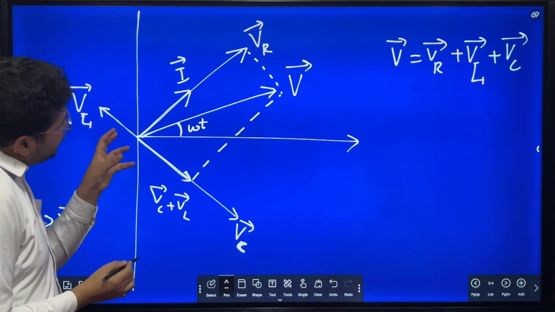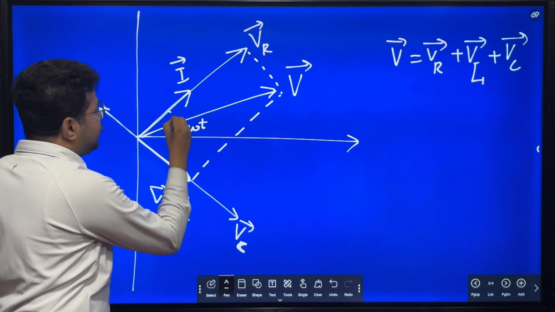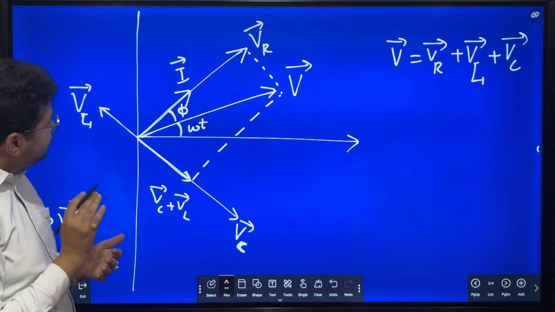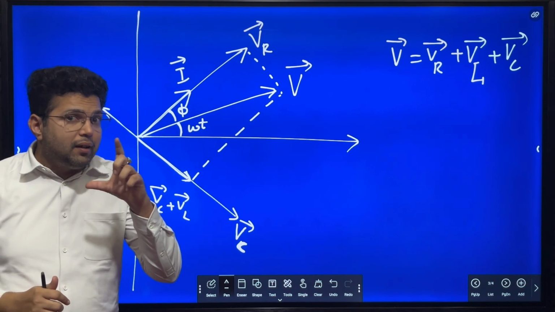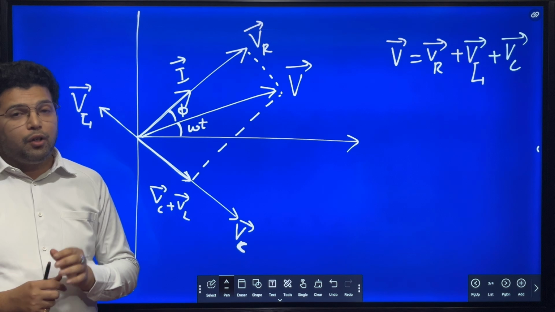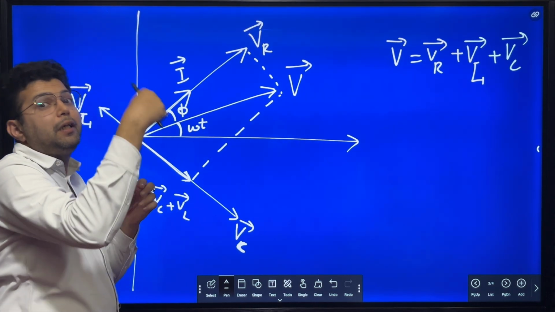Say the phase difference between current and resultant voltage is phi. Now we know that the length of the phasor will give you its peak value.